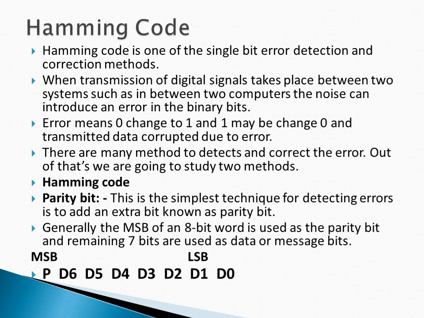Here the MSB is filled with the parity bit, and the remaining positions D0 to D6 are the message bits or data bits.